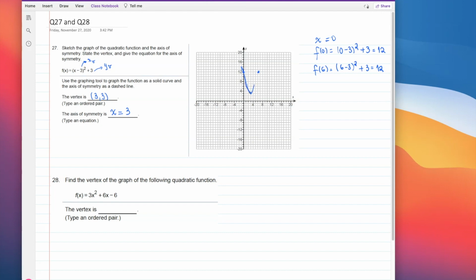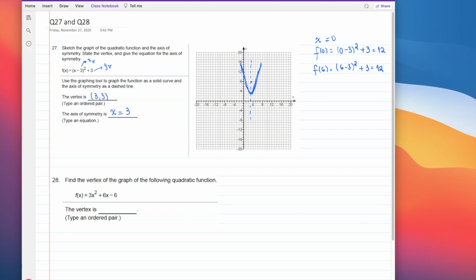And then here I am ready to draw my graph, and for you, it'll be much easier because you have a map. You just need to find the vertex and a point, and then they plot a parabola for you. And here you're going to mark the axis of symmetry.